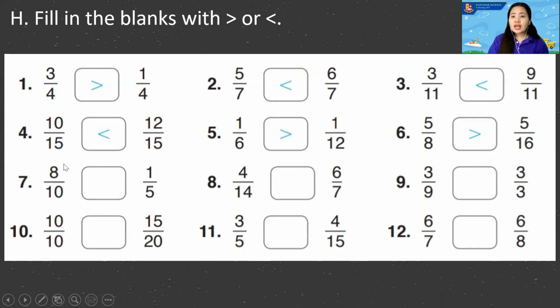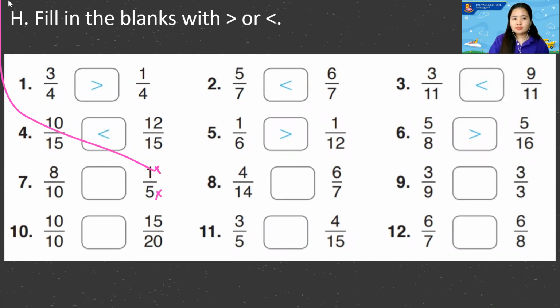But how will we answer this one? 8/10 and 1/5. They have different numerators and different denominators. So this is how you solve. Look for a number that you can multiply to 5 to make it 10. So 5 times what?